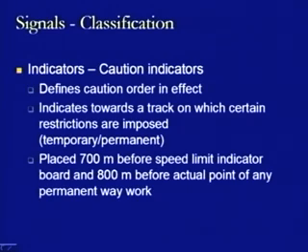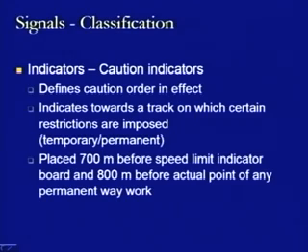Most of these have to be placed at 700 meters before the speed limit indicator board and 800 meters before the actual point of any permanent way work. So, if any permanent way work is going on, then 800 meters before that this caution indicator is to be provided. We have observed that when traveling by train, at times the train speed is reduced because work is going on ahead, and after some time we find the workforce working on the side of the track.